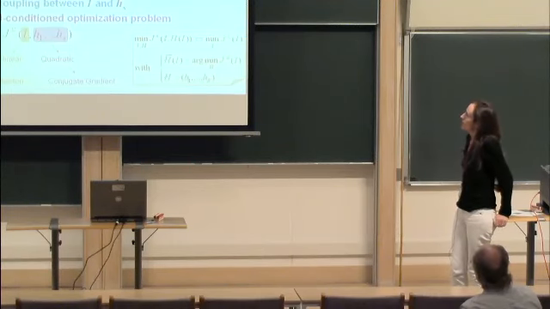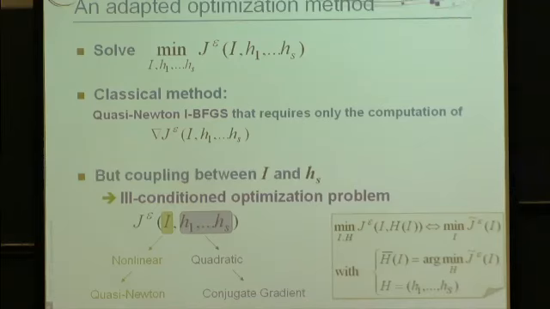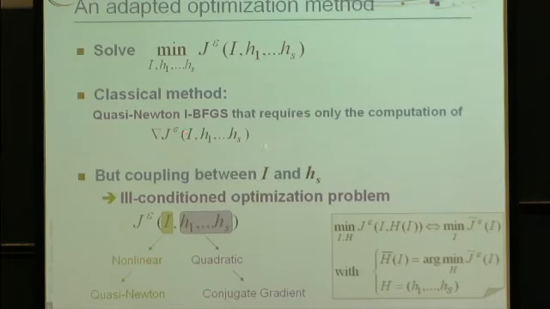However, our attempt to straightforwardly minimize this objective function leads to failure, because in fact we have two unknowns, the impedance and the pressure conditions, who are of very different kinds and who act very differently on the objective function. The objective function depends quadratically on the pressure condition and strongly nonlinearly on the impedance distribution.